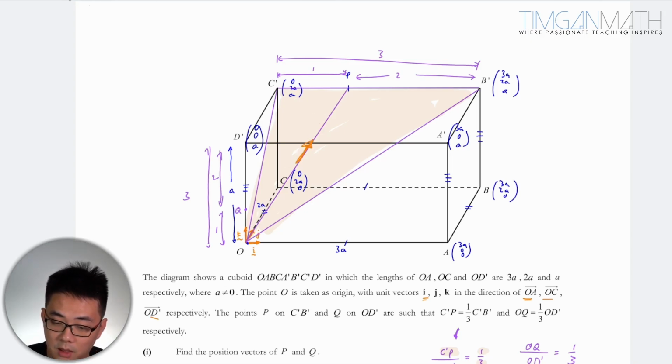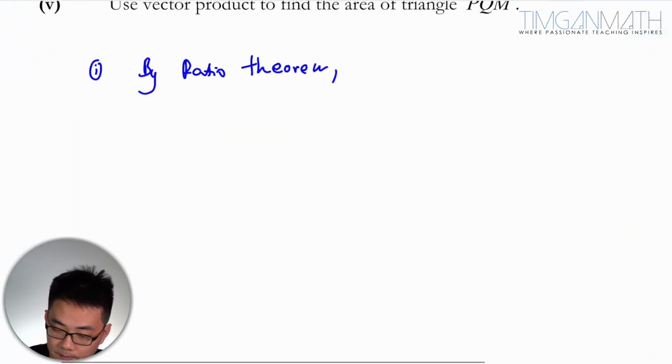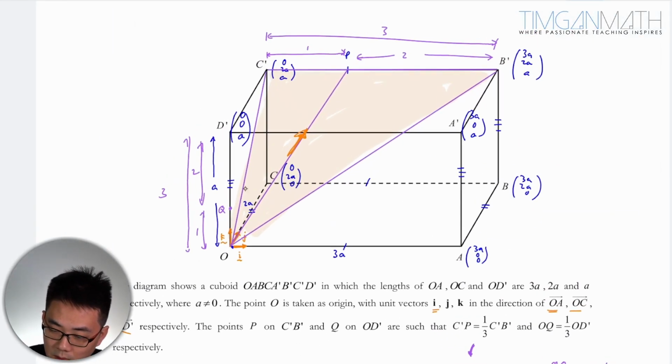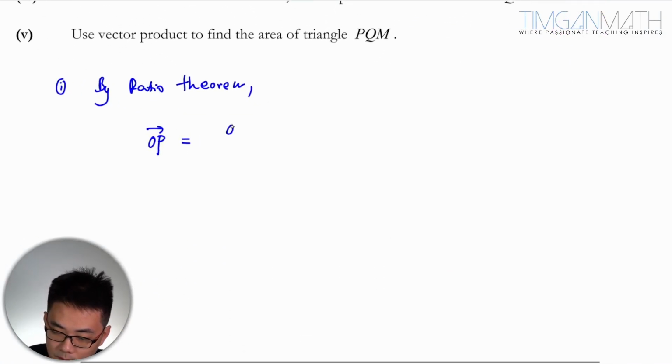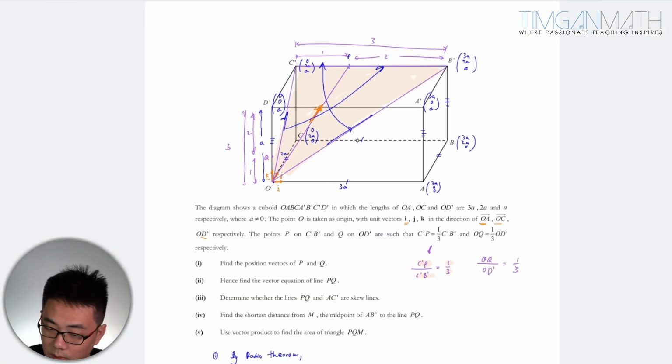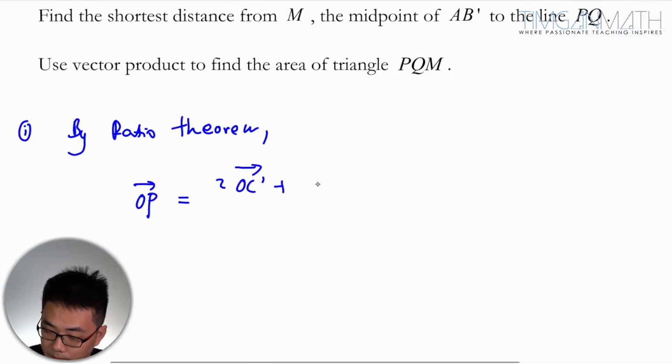So OP will be equal to, you take OC prime, cross multiply, this is 2, and this over here crosses with 1. So OC prime times 2 plus 1 times OB prime.